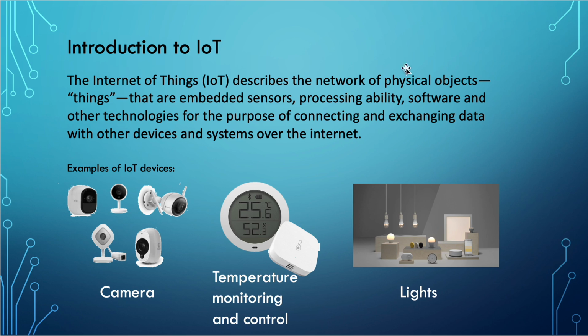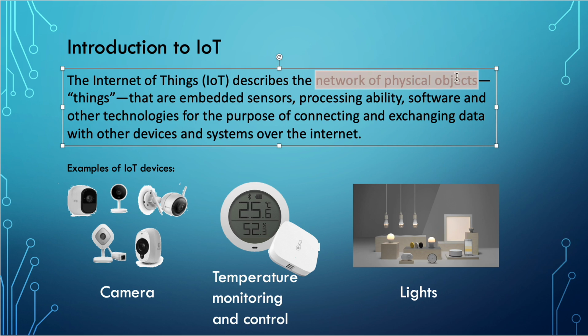From that, let's try to break down what IoT means. What are the main components of IoT? It's in the first sentence itself. IoT, or Internet of Things, describes the network of physical objects. This is the main part of IoT.